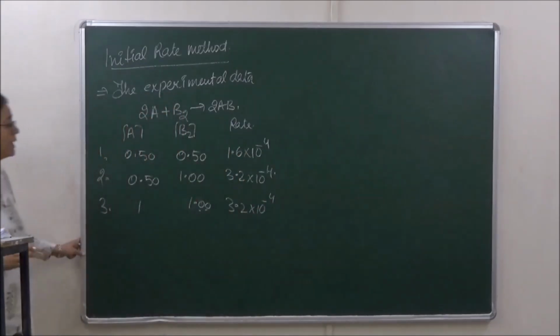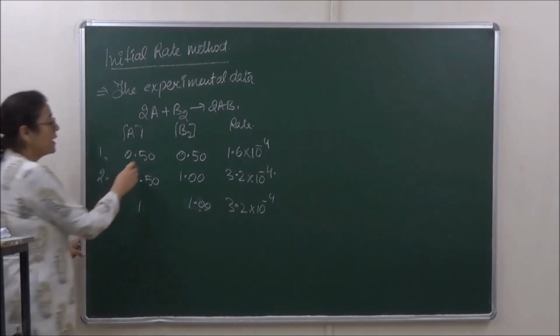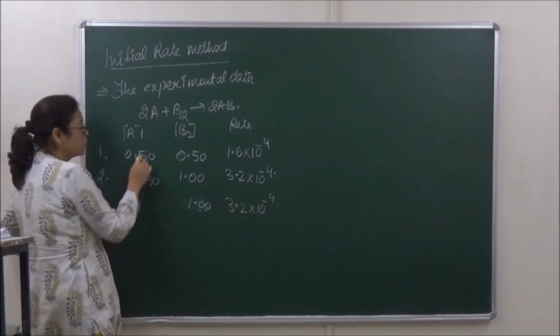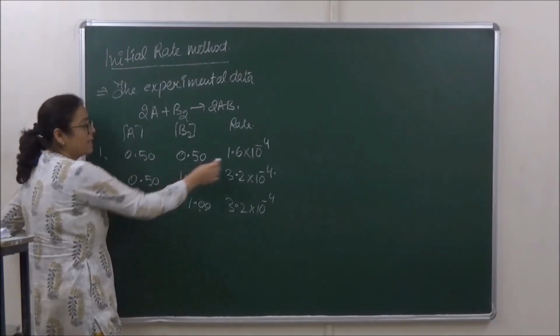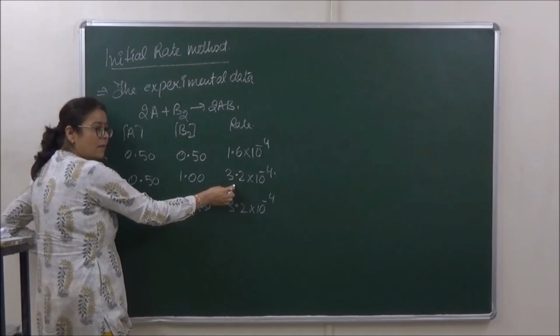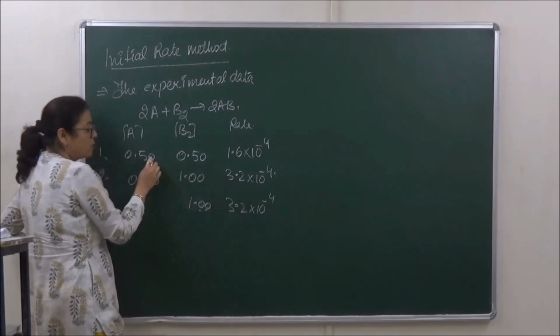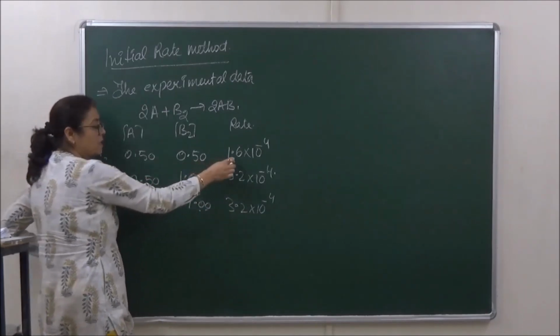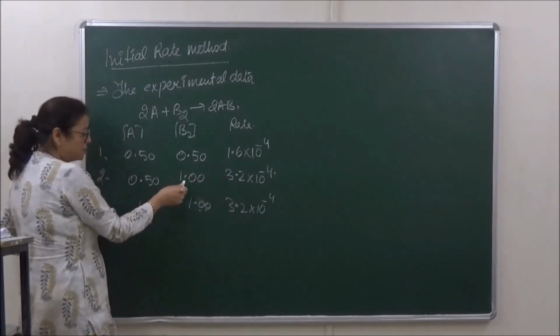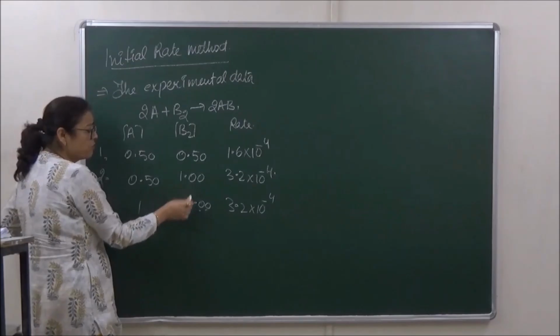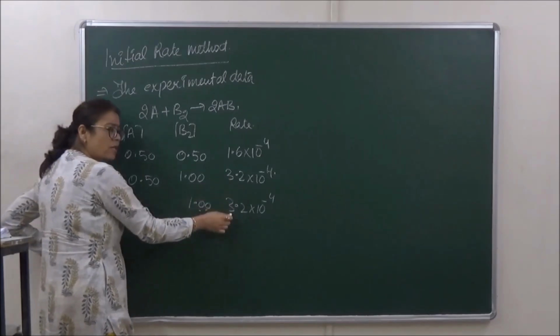Now when we look at the data, what we can say is that when the concentration of A is the same, the rate is becoming double. And when the concentration of B is the same, the rate also does not change.